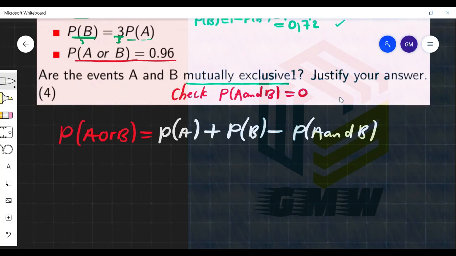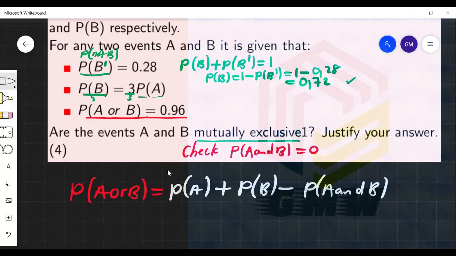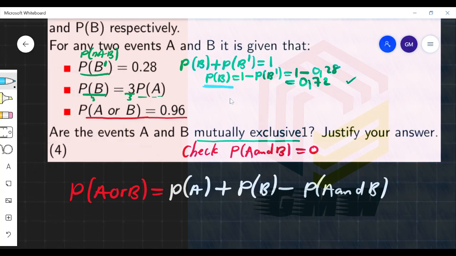So it is a good formula. The formula involves probability of A and probability of B. The data gave probability of B complement, but we saw this coming, so on probability of B, we are covered.